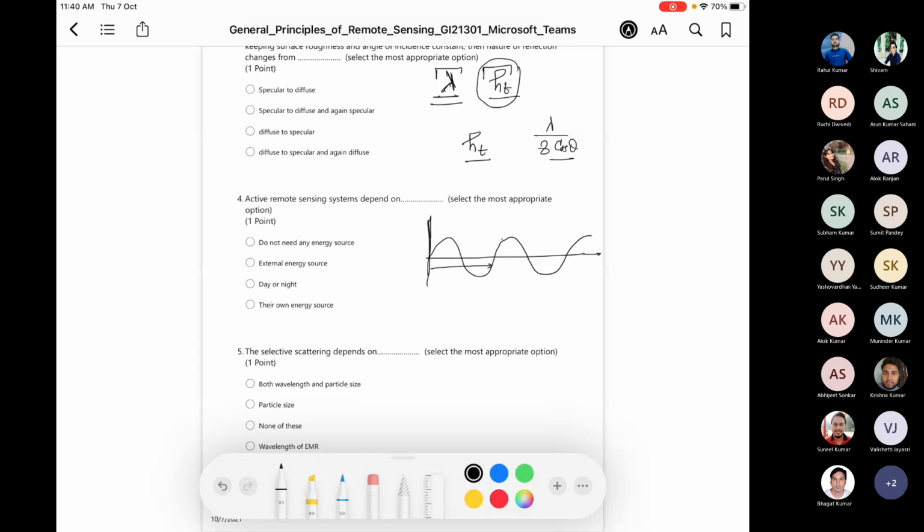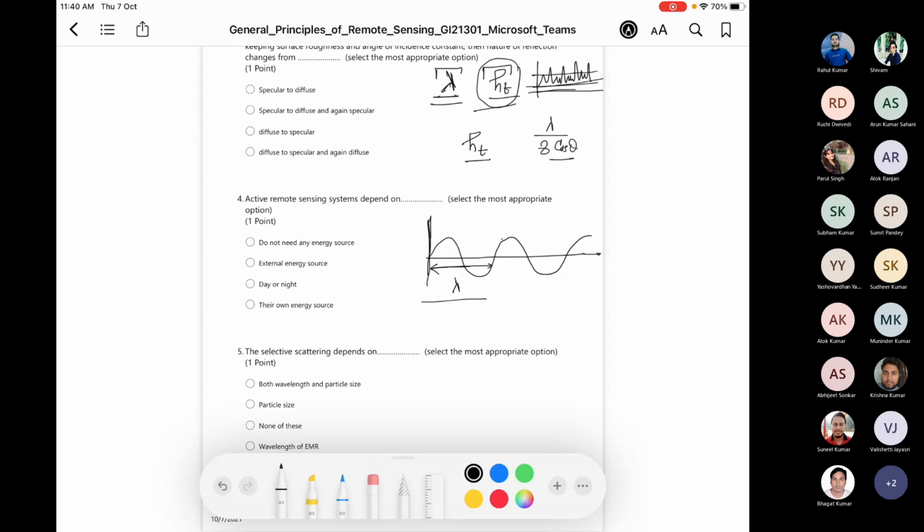This is the wavelength we define here, one wavelength. And h is the surface roughness. If you see from the side view, it's a kind of side cross section, and this tells us the variation. It's a standard deviation.